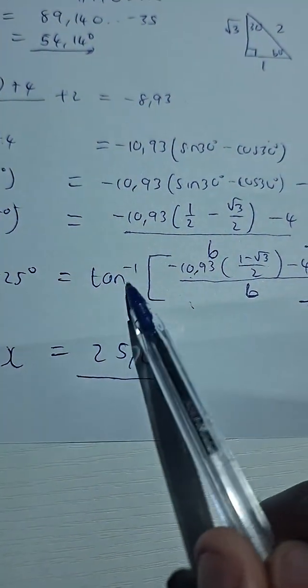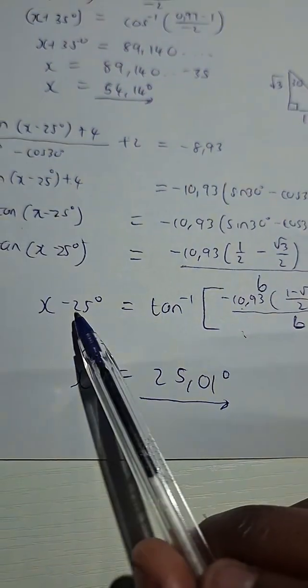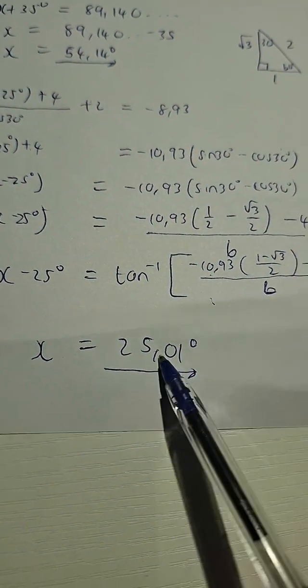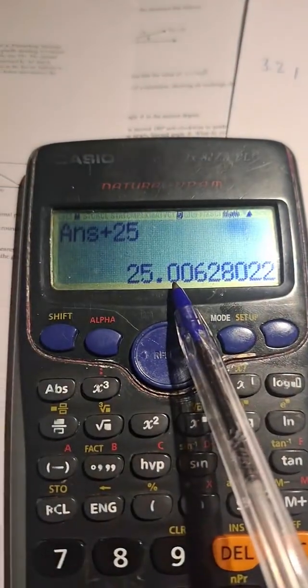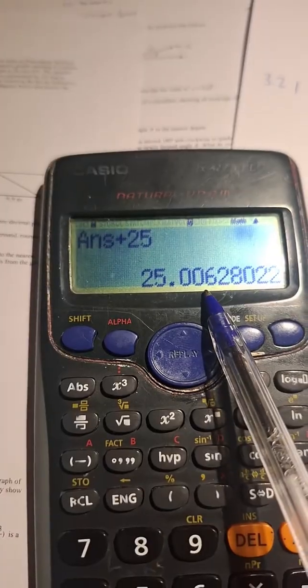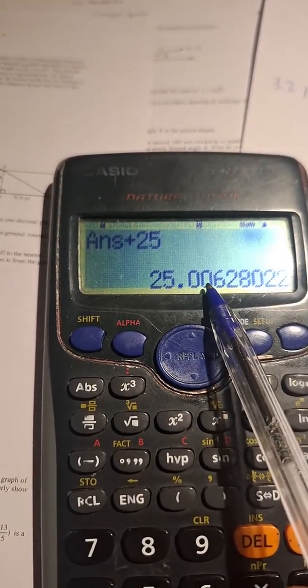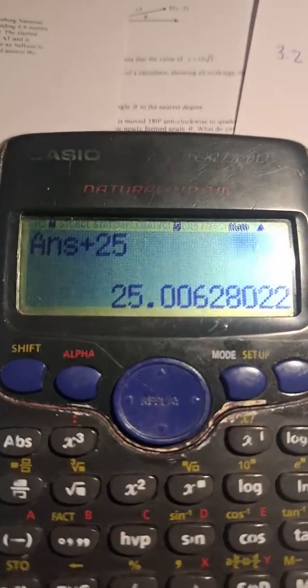You take the arc of tan for that value, then you transpose the minus 25. You add 25 to that value. You should get 25,01 degrees. You should get 25,006. But 2 decimal places means what do you do to the 0? You go up by 1. Okay, I hope that makes sense.